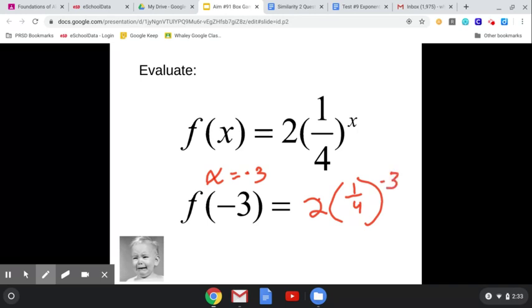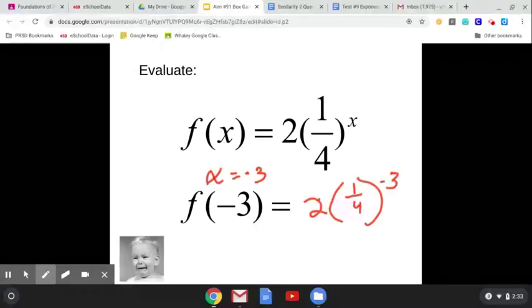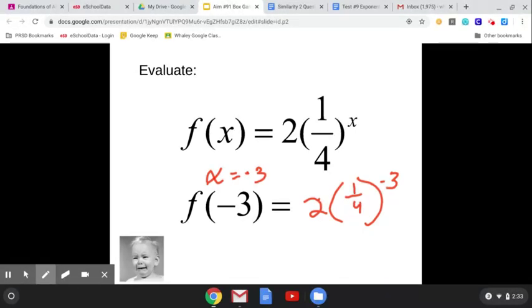And I'm just going to type that right into my calculator. 2 times 1/4 caret 3. Hit enter, and I got 0.03125.